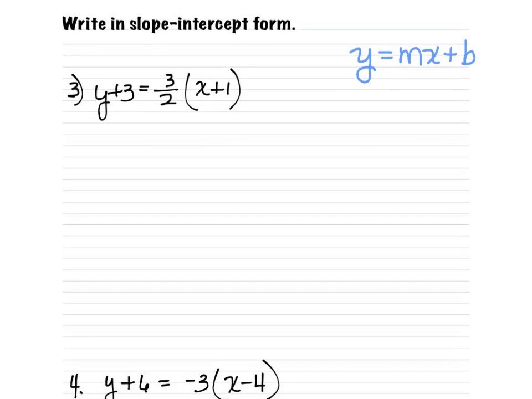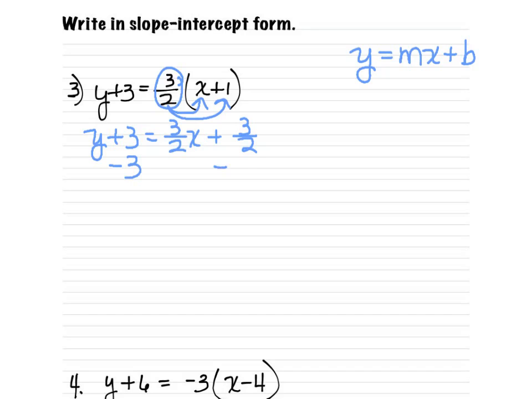Okay, so let's simplify before we start. Let's distribute 3/2. Ready? Y plus 3 equals 3/2 x plus 3/2. Okay, so let's go ahead and subtract 3 from both sides. If I'm going to subtract 3 from 3/2, I'm going to have to rewrite that as an improper fraction that has a denominator of 2.